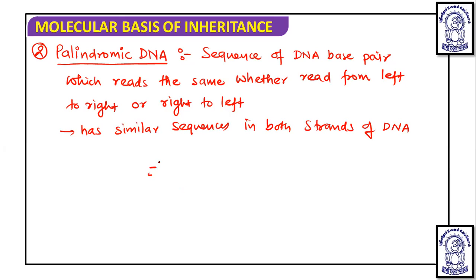Suppose on the 5 prime end you see GAATTC 3 prime, then on the other strand you will see CTTAAG, meaning G is complementary to C, A to T, T to A, and C to G. Now if we read one strand, it reads GAATTC.